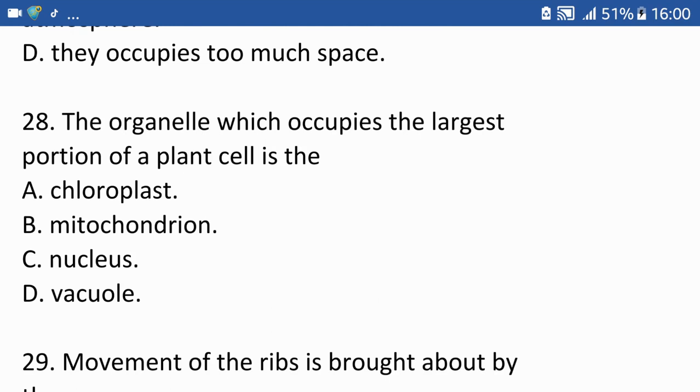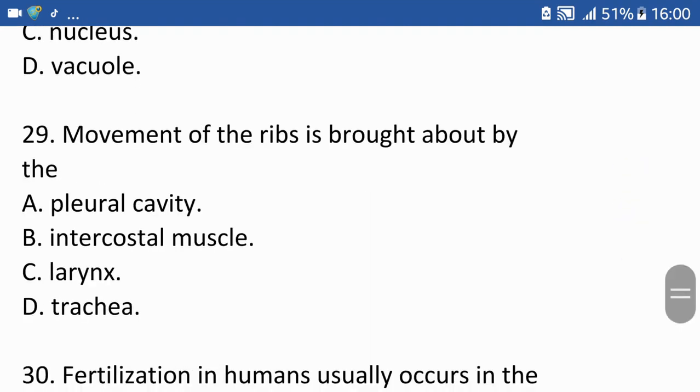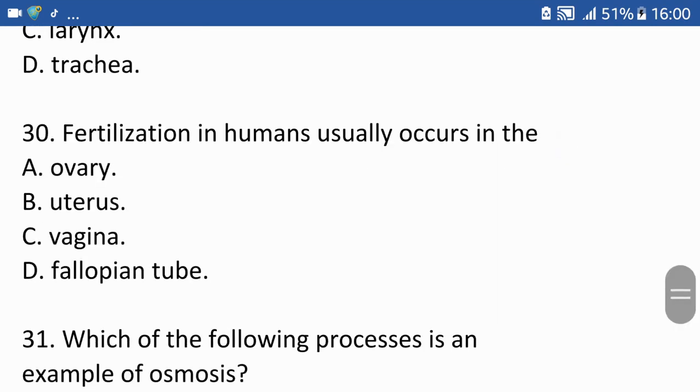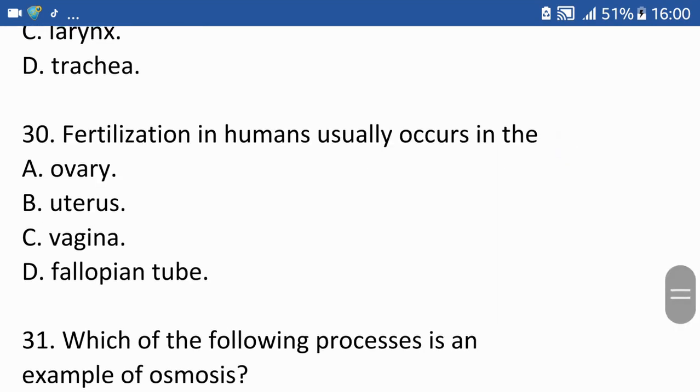Twenty-nine, movement of the ribs is brought about by the. Thirty, fertilization in humans usually occurs in the.